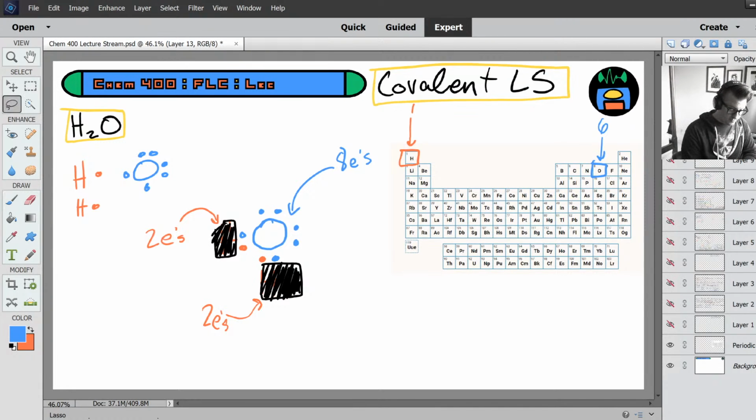So here in this structure, we have met the octet rule, satisfied the octet rule for every atom.